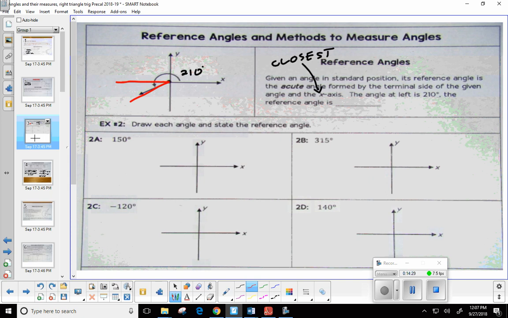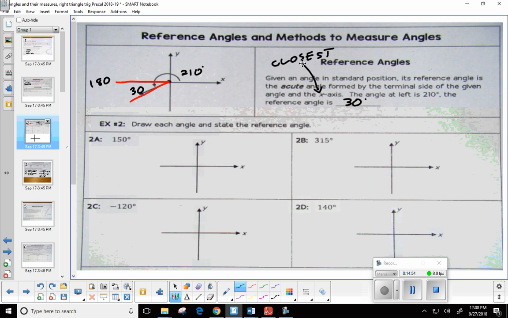Well, what's half a revolution? 180. So what I'm looking for here is just the difference between 210 and 180. That would give me 30. So I know this reference angle would have to be 30 degrees. That's what the reference angle is: the angle created between the terminal and the x-axis.